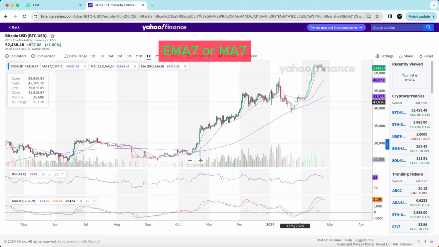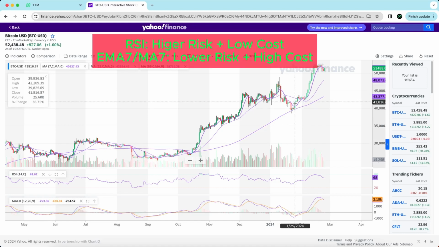So basically, you have two good entry points depending on RSI or EMA: here or here. As you can see, typically the RSI response is faster than EMA. So using RSI will give a better price but more risk, and using EMA7 is less risky but with a higher cost.